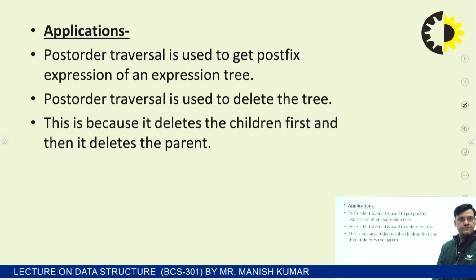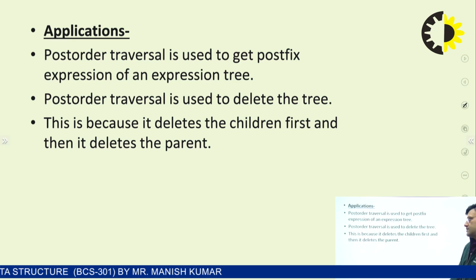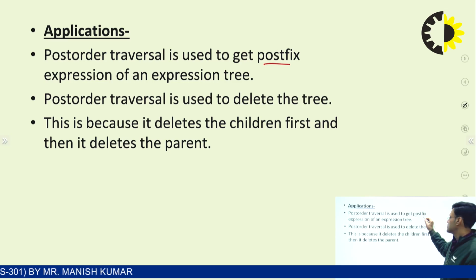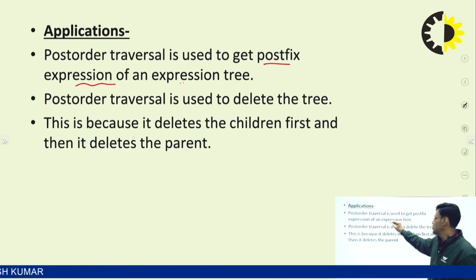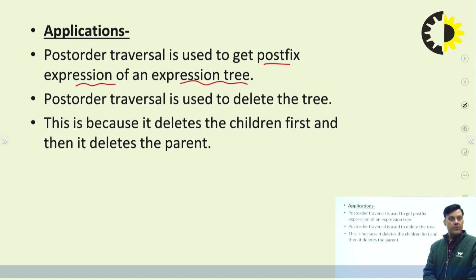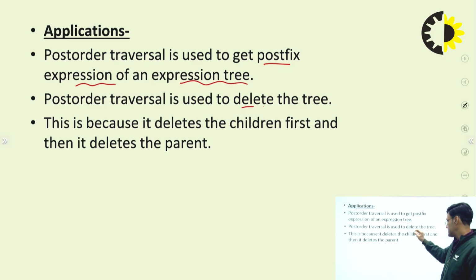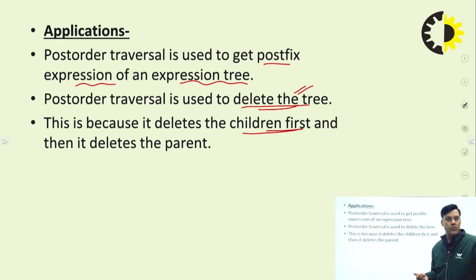Okay. So what are the application? Same application used to get the postfix expression of an expression tree. Post order traversal used to delete the tree. Yes, this is important. Whenever we want to delete the tree, we will use post order traversal. This is because it deletes the children first, because the priority of this post order is we will prefer left node.